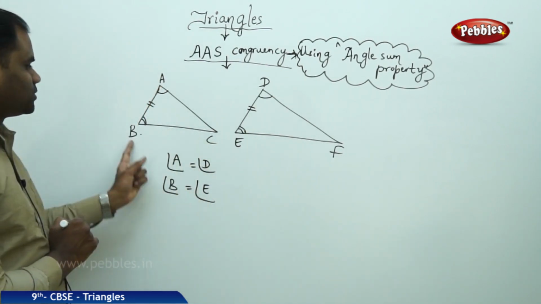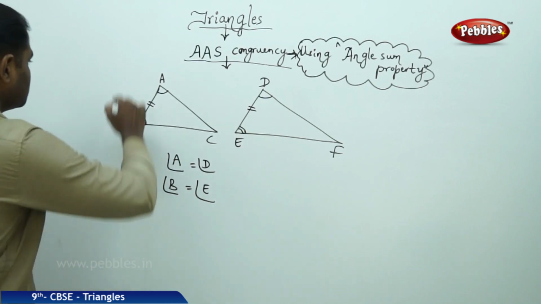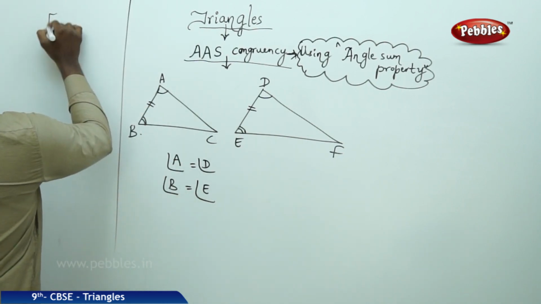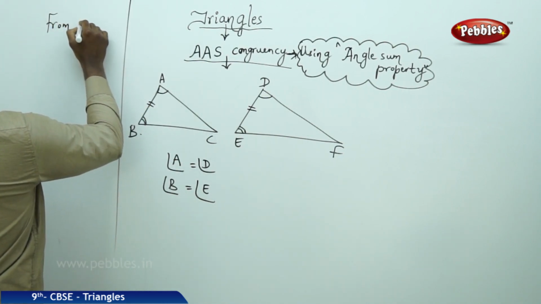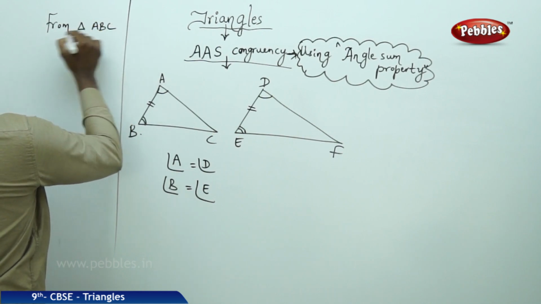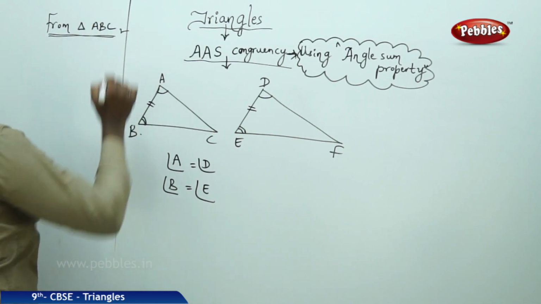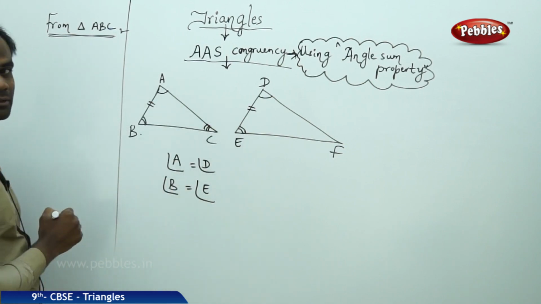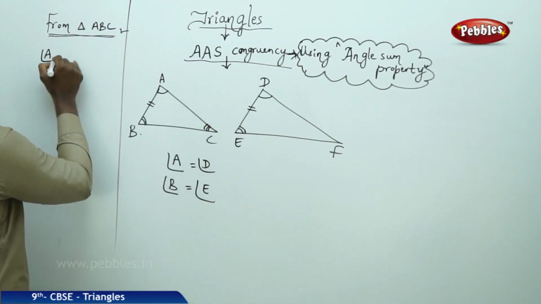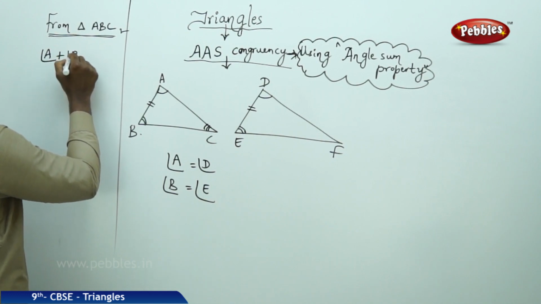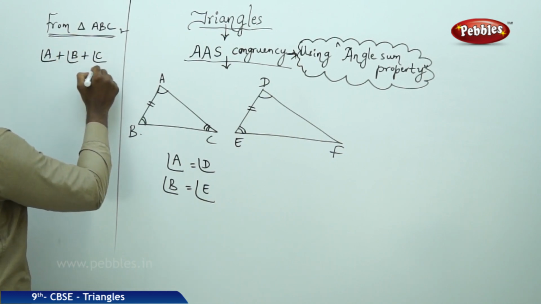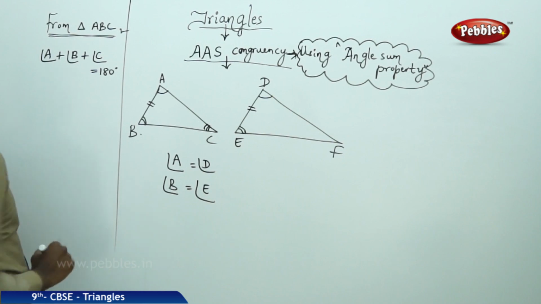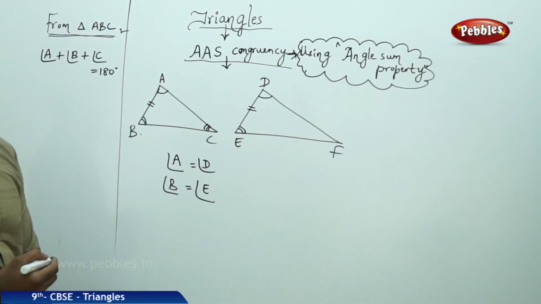Now let me first choose triangle ABC. From triangle ABC, I clearly observe that my angle C would be connected with the angle sum property: angle A plus angle B plus angle C equals 180.